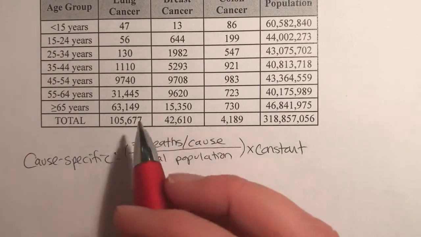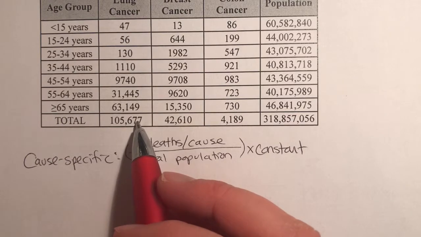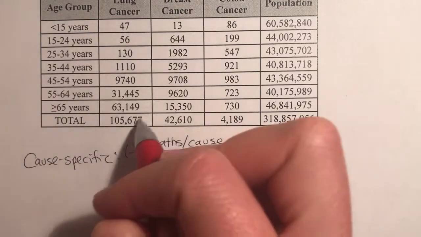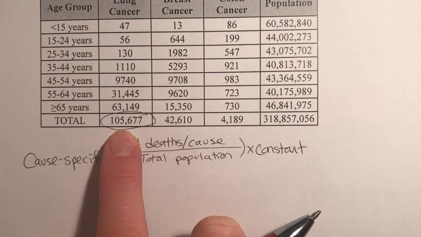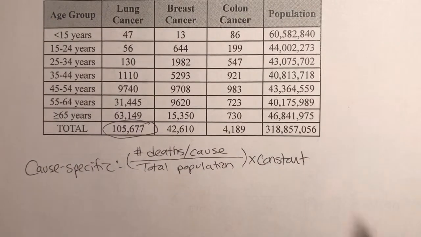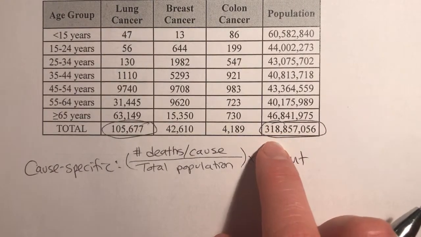Okay, so again, coming back to our cause-specific mortality for lung cancer, we're looking at all deaths due to lung cancer. So down here, this 105,677, and we're going to divide it by our total population, which is the 318 million.